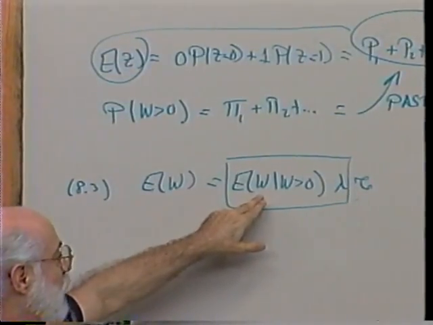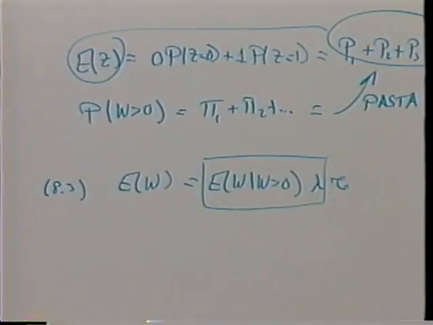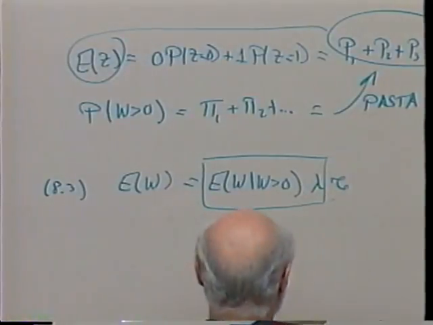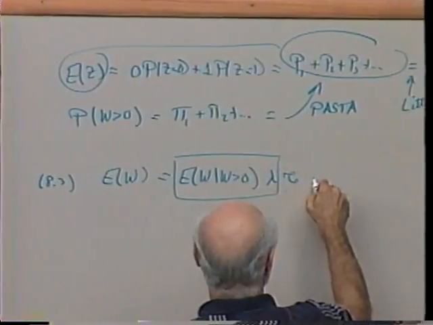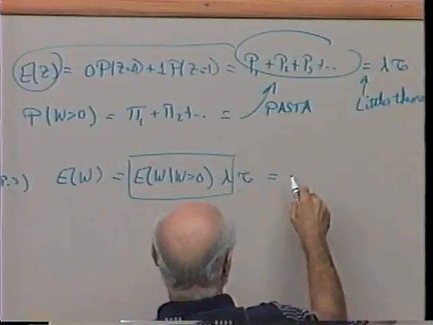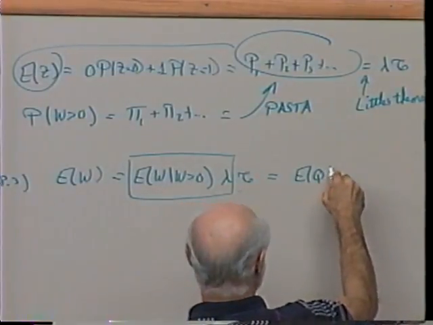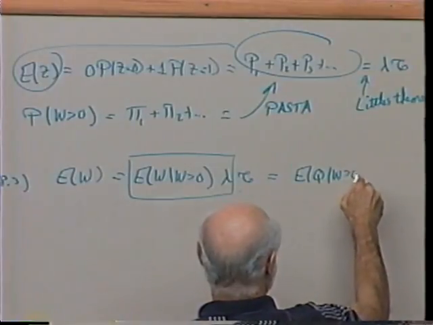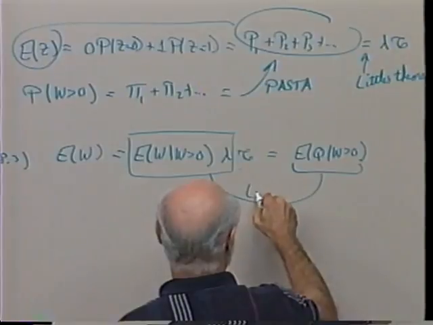So we've argued previously that the arrival rate times the average time spent in the queue is equal to the average length of the queue. Now I'm going to apply that exact same argument, except that I'm carrying along the condition that W is greater than 0. So that means I'm going to replace this piece here by the expected value of the queue length given W is greater than 0. So this is true by Little's theorem again.